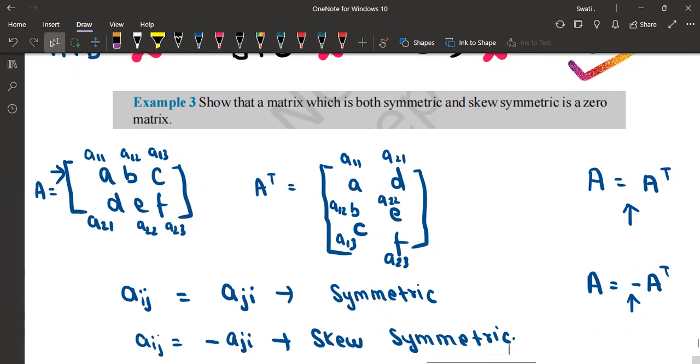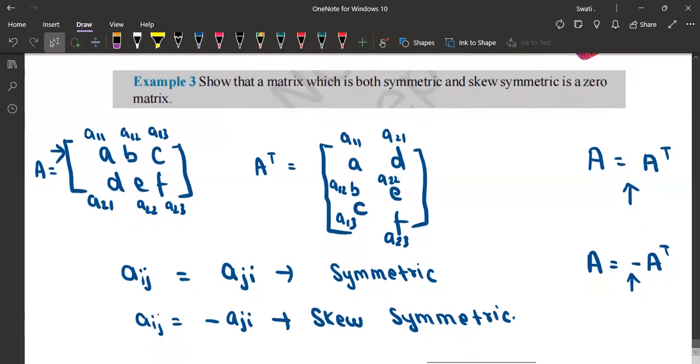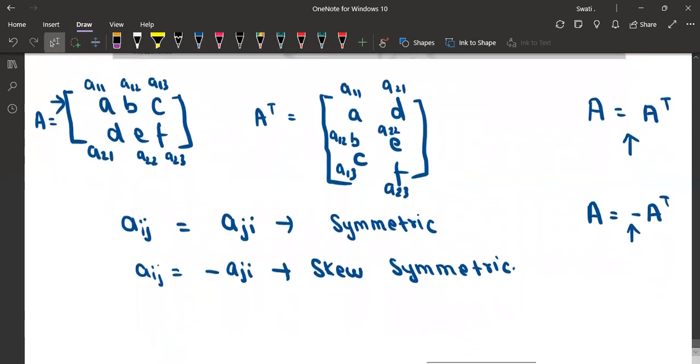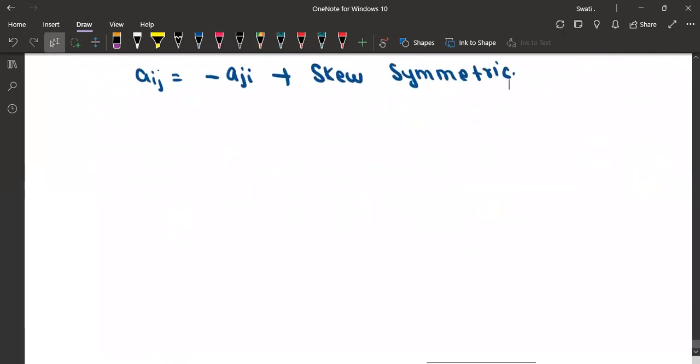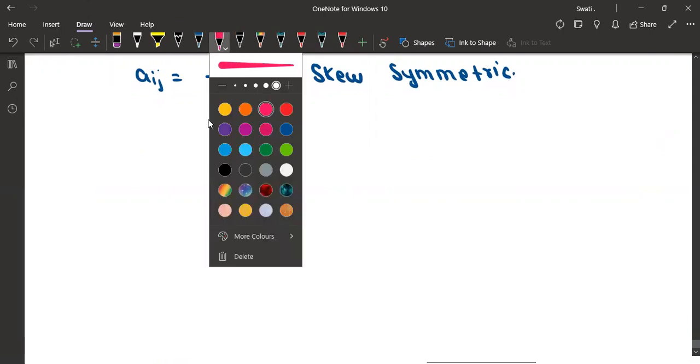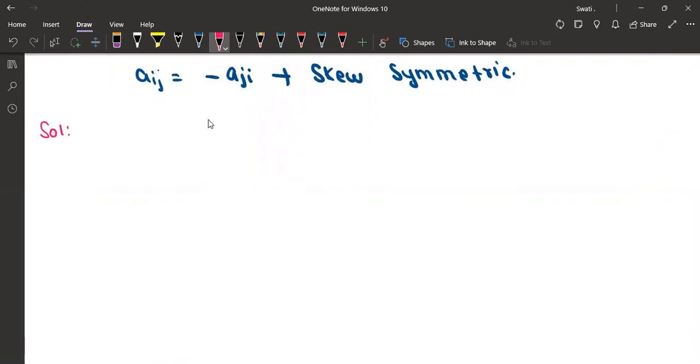This was just the explanation. Now I'm going to start with the proof. And for the proof, I'm just going to write down some statements as well, just to make you understand. So I'll start with the solution. The very first thing that I'm going to do is take a matrix.